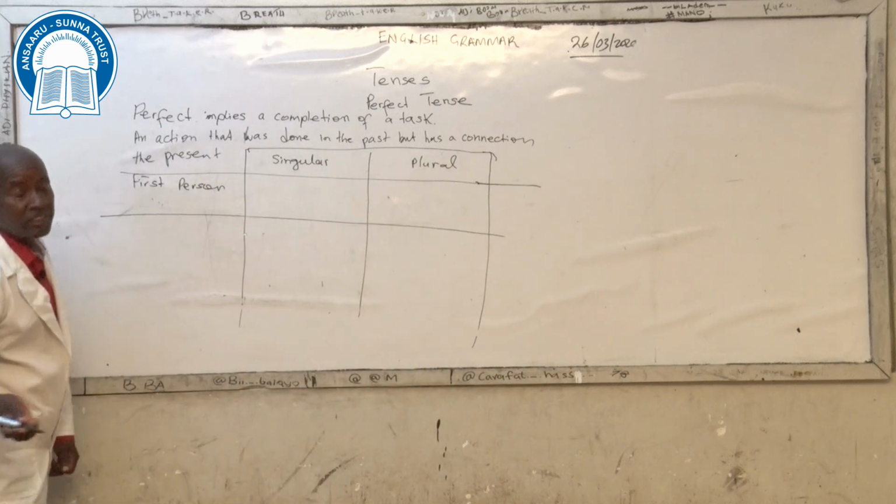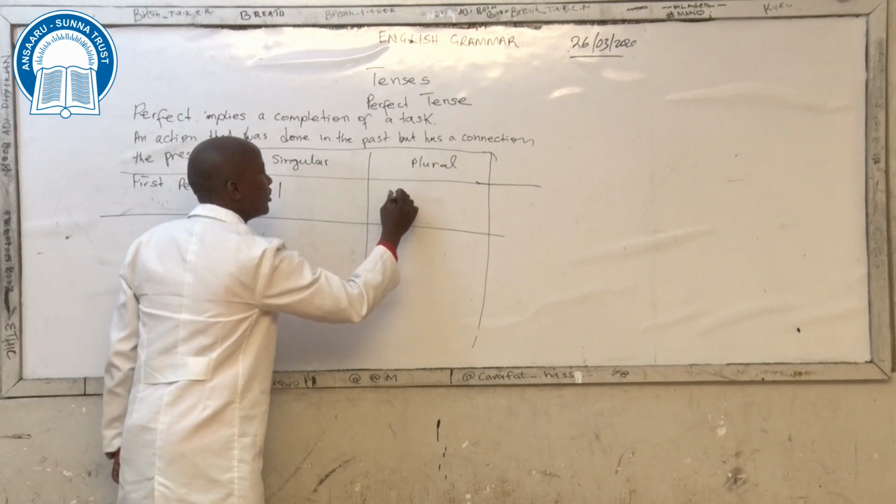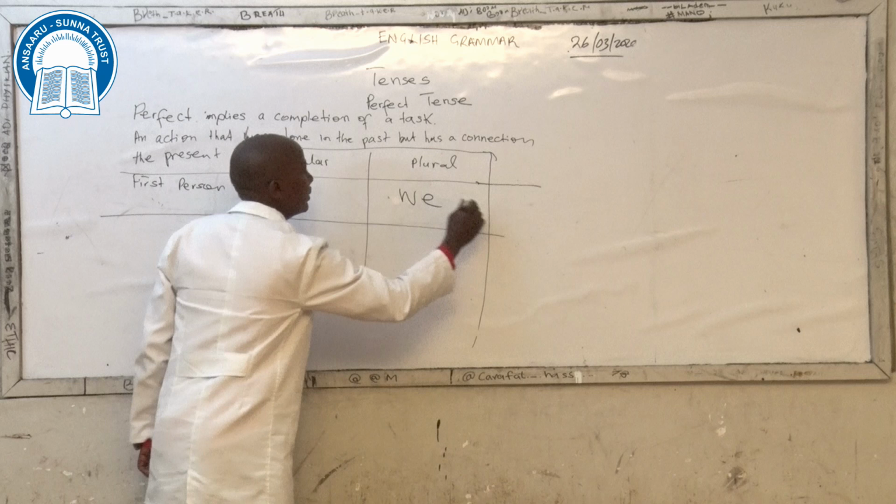So first person singular is I and plural we.